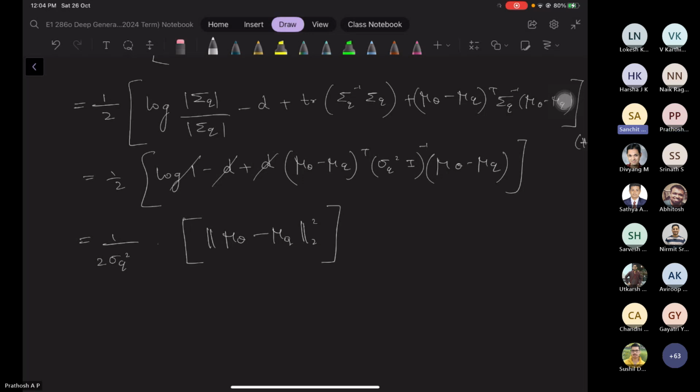In VAE also, we assumed the latent space to be a Gaussian distribution. Why are we so biased towards a Gaussian distribution in almost all of the models? See, that is a design choice.